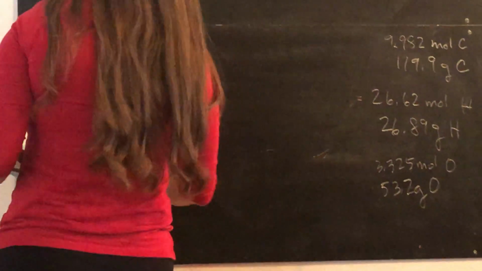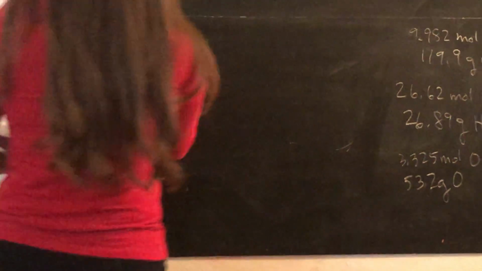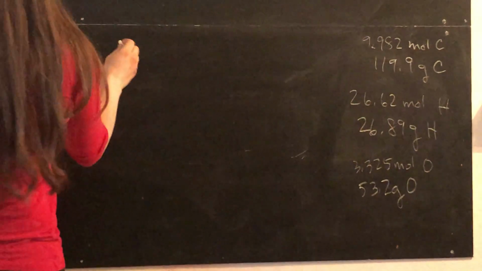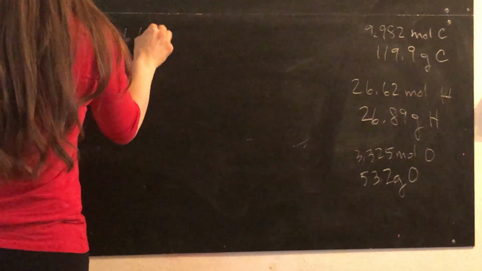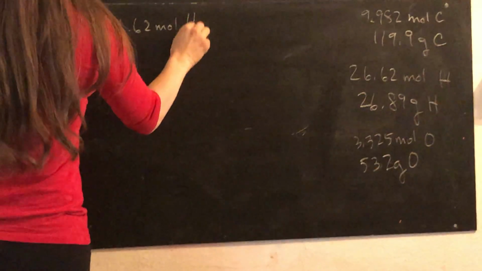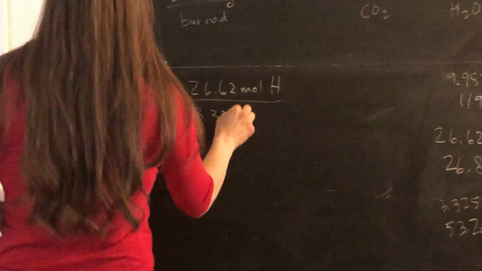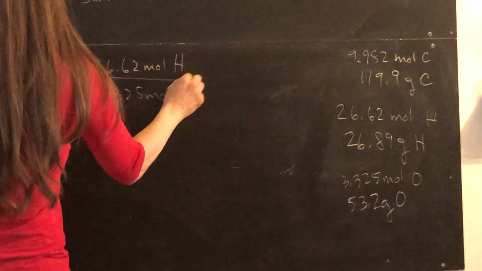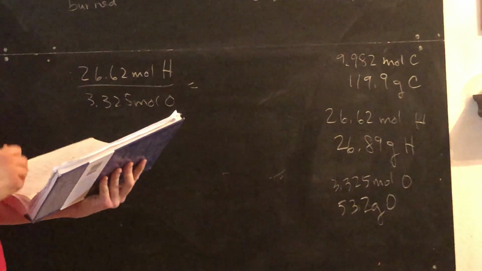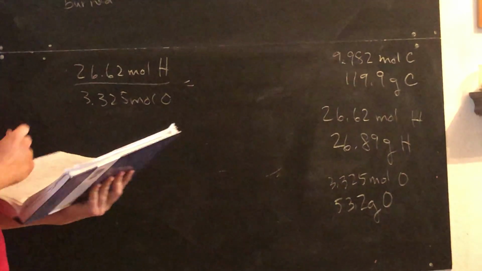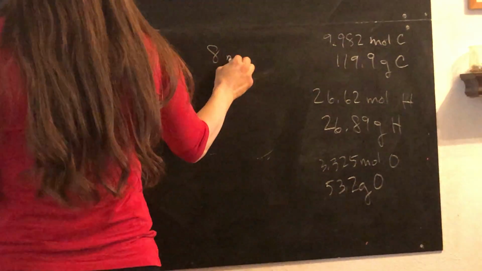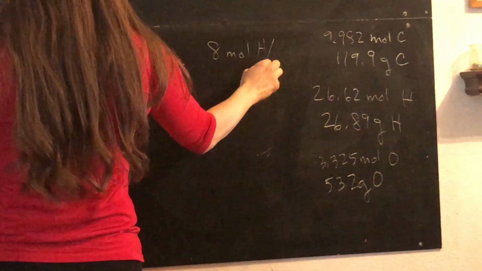Okay, so now we know the ratios of carbon to hydrogen to oxygen in our original sample. So we've got 26.62 moles of hydrogen. Let's divide that by our moles of oxygen, 3.325 moles, to figure out their ratio. That is 8. So we've got 8 moles of hydrogen per mole of oxygen.